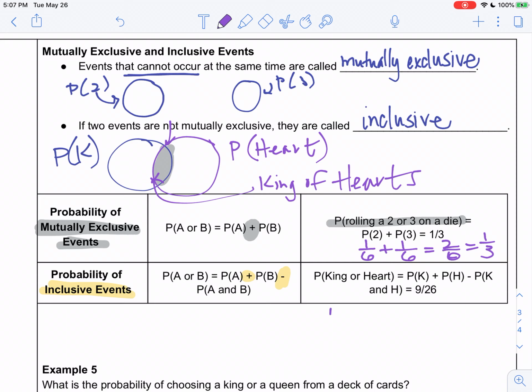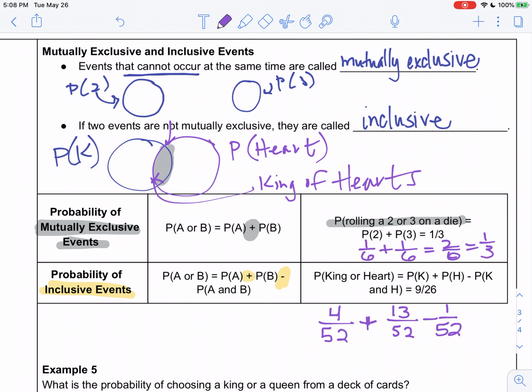Remember, there are 4 kings out of 52 in a deck of cards. There are 13 hearts in a deck, because remember, there's 4 suits, 52 divided by 4, 13 cards. There are 13 out of 52 hearts in a deck. And then in that deck of cards, there is 1 king of hearts, so I'm going to subtract 1 out of 52.